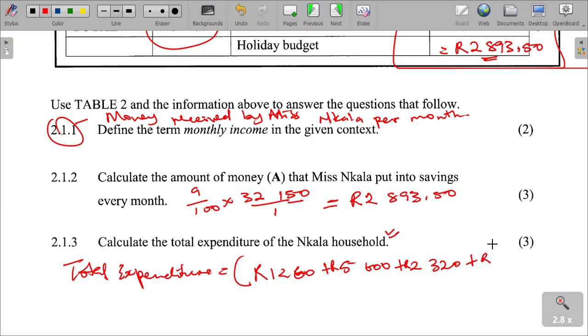Plus 350, plus 340, plus 1,150, plus 2,950, plus 1,400.